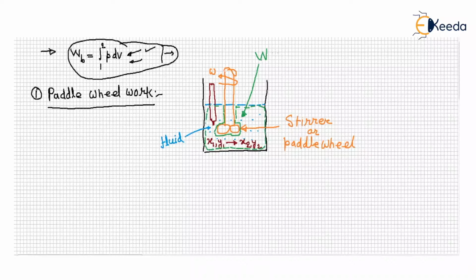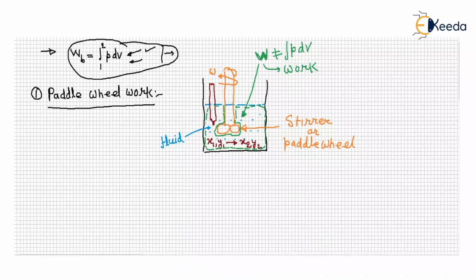Mind it, this is not a displacement work. This is other than displacement work. This work is a form of mechanical work. You apply churning, so you are giving some energy to the system in the form of work.